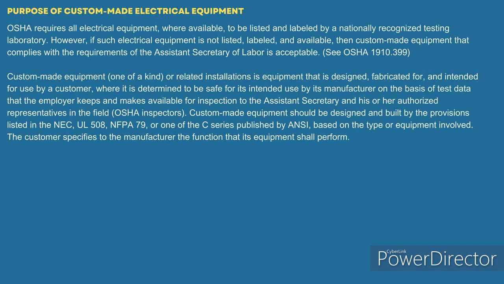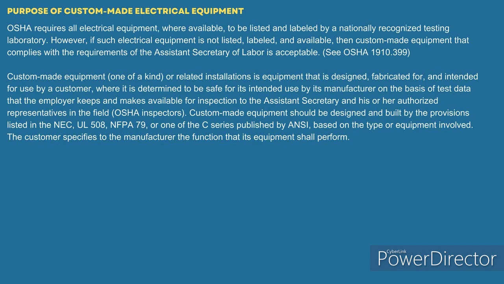Now, listen to this: NEC, UL 508, NFPA 79, and one of the C series published in ANSI. And it says, based on the type of equipment involved, the customer specifies to the manufacturer the function that its equipment shall perform.